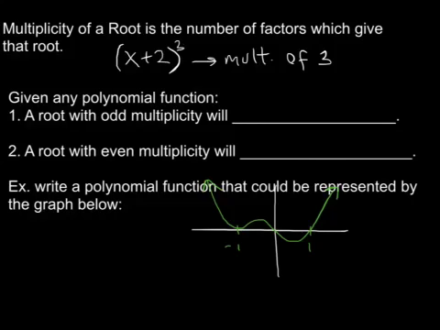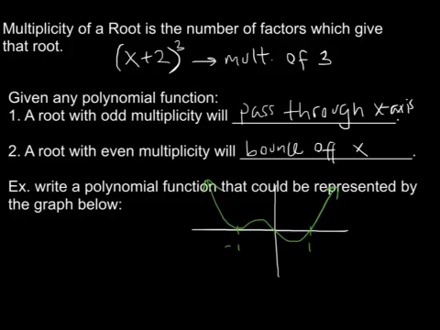Well, it will pass through the x-axis. And if it has an even multiplicity, it will bounce off the x-axis. This is what we look at. This is what we see happening.